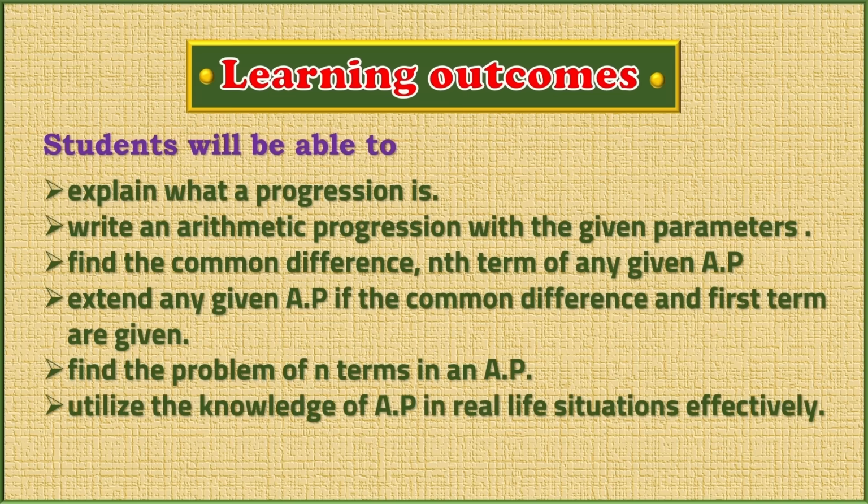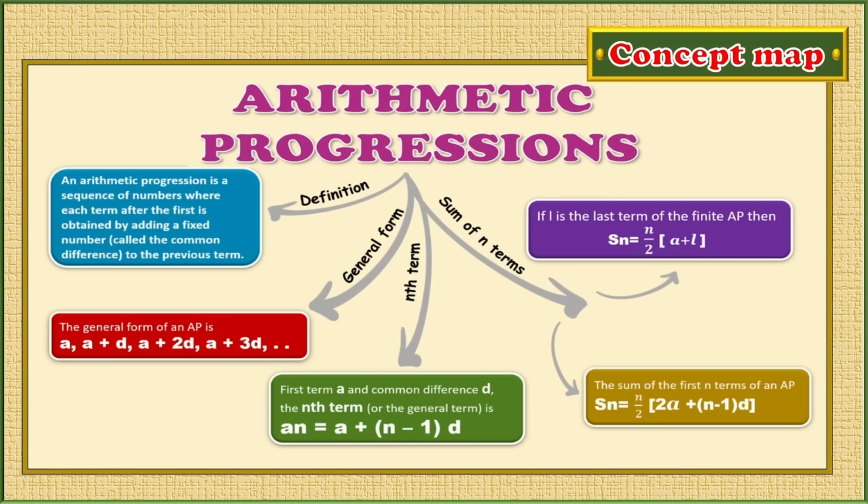My dear friends, now I am presenting a concept map. To help students understand the topic better, I am presenting a concept map to you. It shows the main ideas and how different subtopics are connected. This concept map provides a quick and comprehensive overview of arithmetic progression.